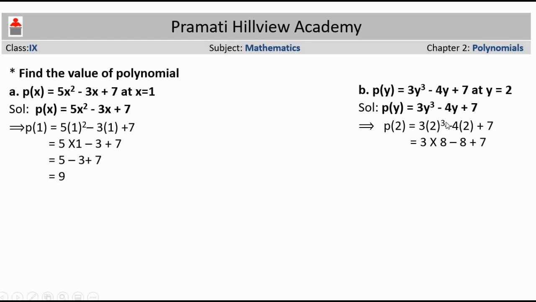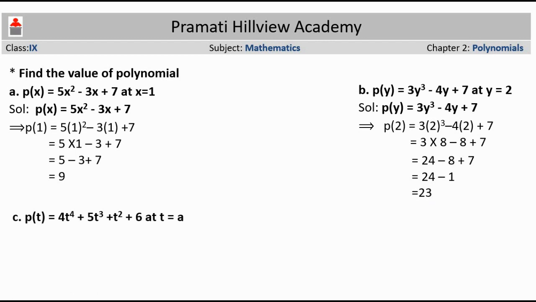That is, 2 cube equals 8. So, it becomes 3 into 8 minus 8 plus 7. Therefore, p of 2 will be equal to 24 minus 8 plus 7, which is 23. Therefore, the value of p of y when y equals 2 is 23.